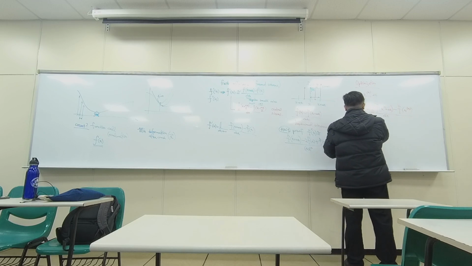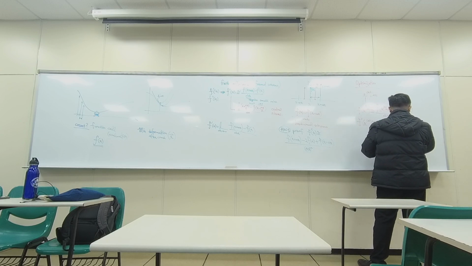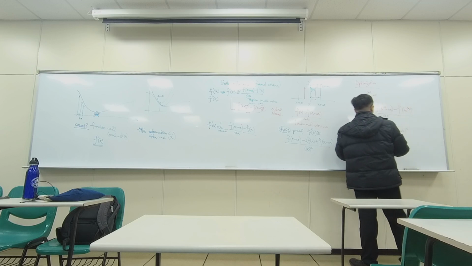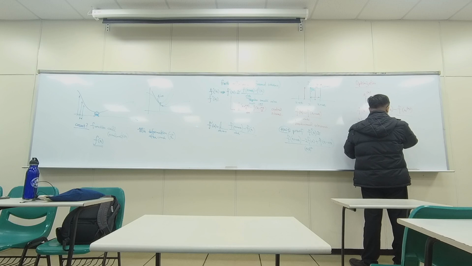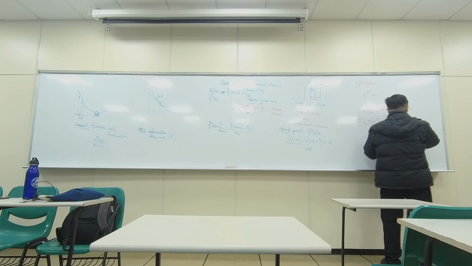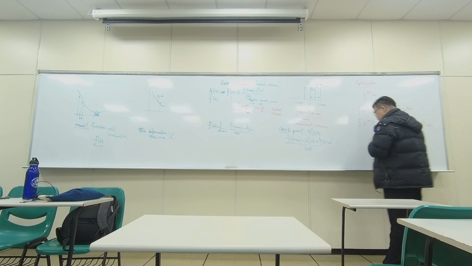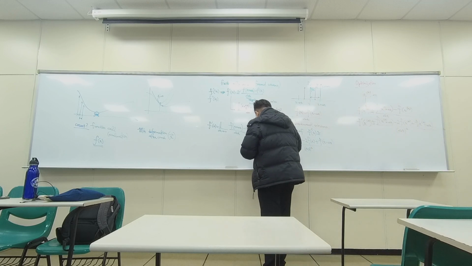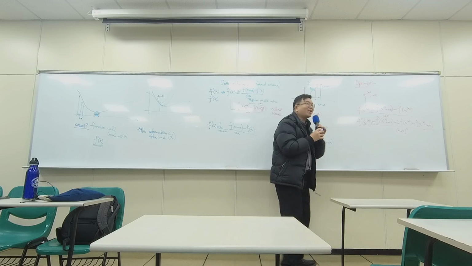And then my f double prime could be estimated by your homework: f of x plus del x minus 2 times f of xk plus f of xk minus del x, all over del x squared.